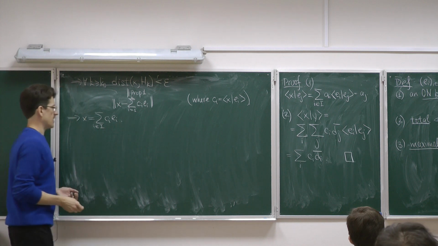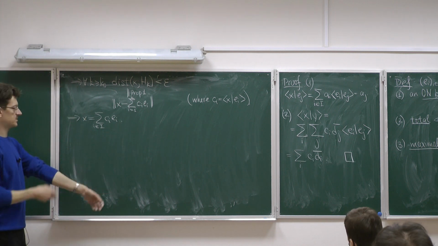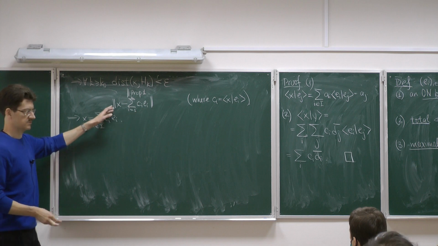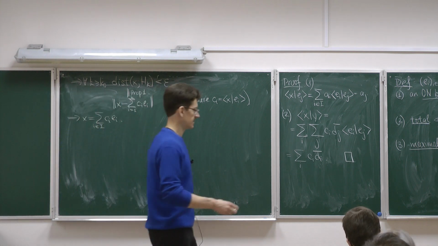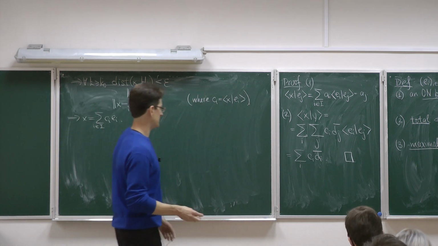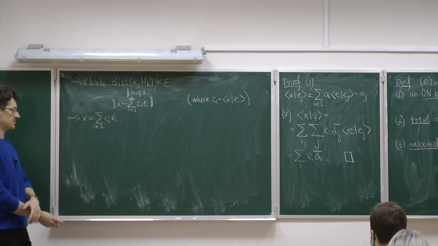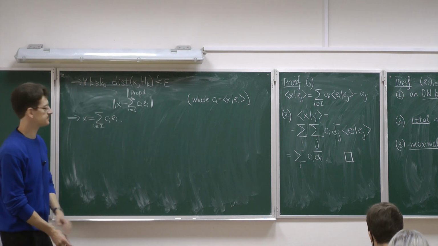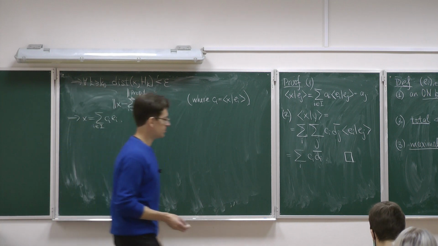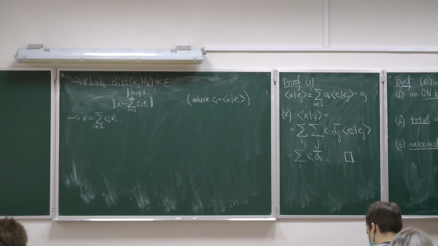Of course, in the case where I is finite, this is more or less trivial because this will be 0 if k is big enough. But if I is countable, then we have the convergence of the series to x. So we now see that 1 and 2 are equivalent.